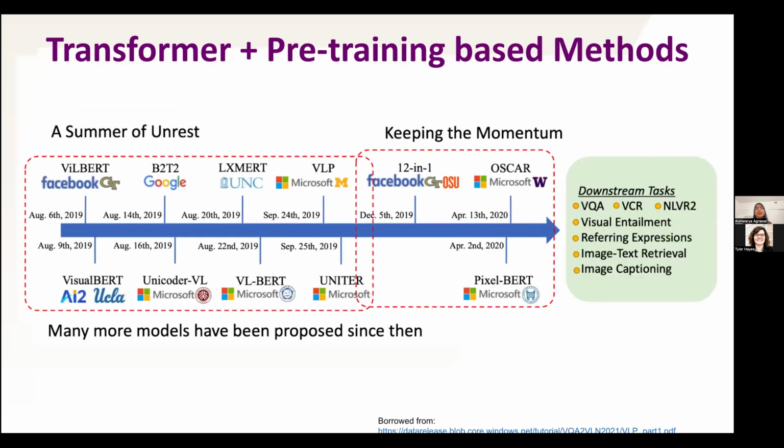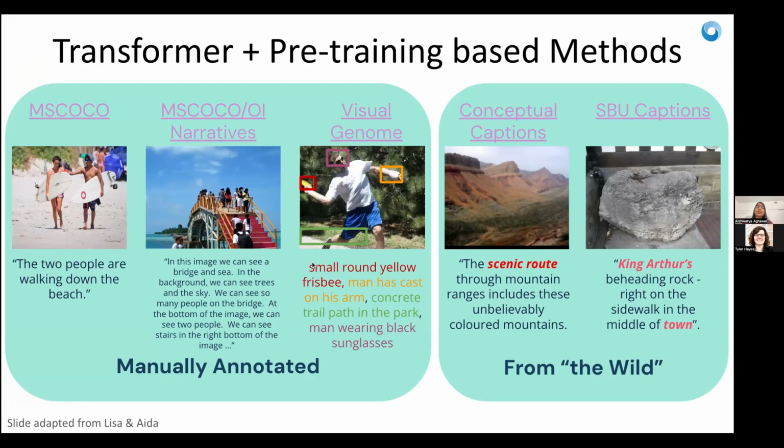Then starting in the summer of 2019, there was a lot of excitement because that's when NLP started seeing a lot of progress with BERT style models. And naturally, the vision and language community started applying those ideas to vision and language as well. So we saw a shift in the kind of models we would build, centered around transformer-based models, with this pre-training and then fine-tuning notion.